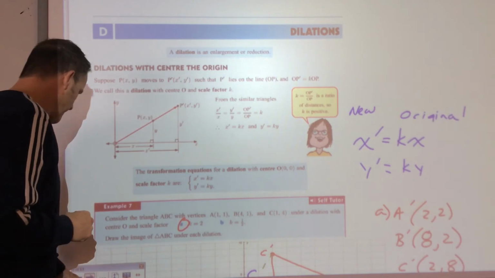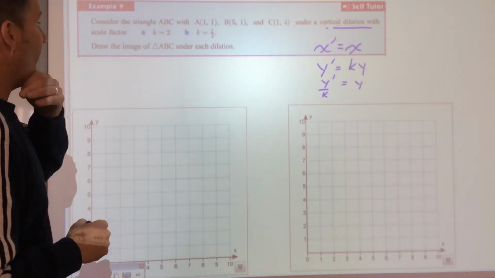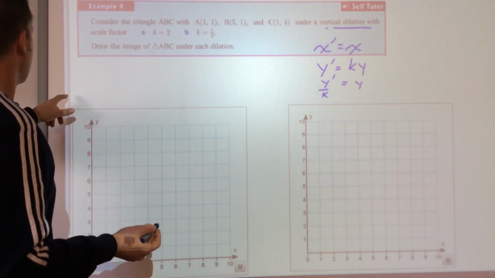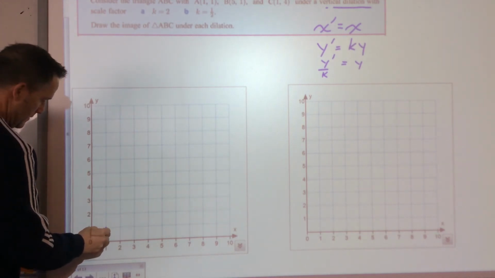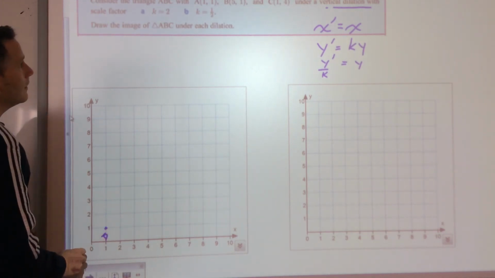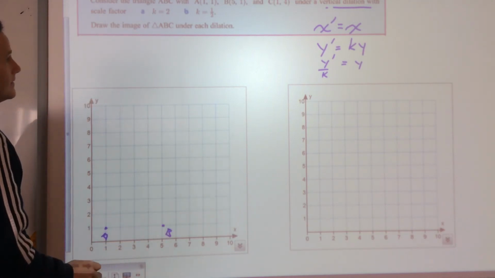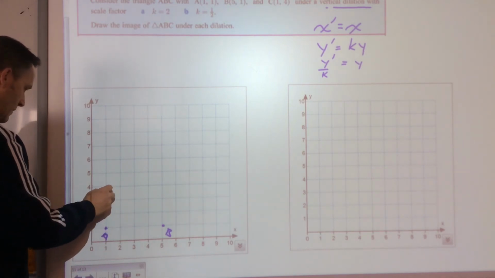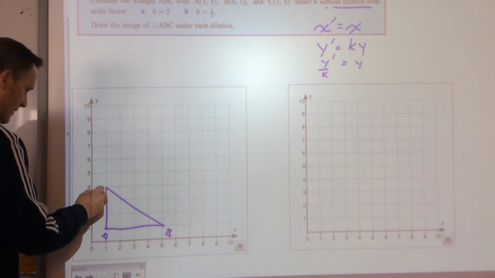No, we're good. Now, my x values aren't going to change. So I have my original 1, 1, A; 5, 1, B; and C, 1, 4. I like how they're making these nice and easy for me to see.